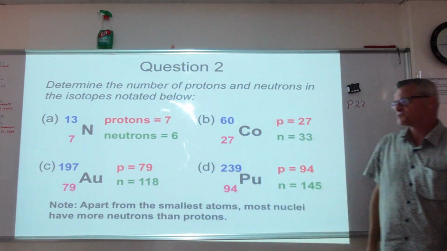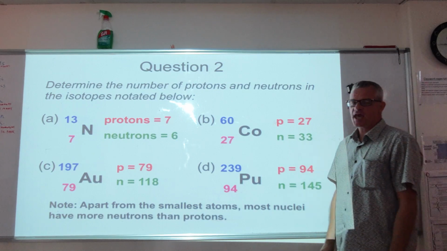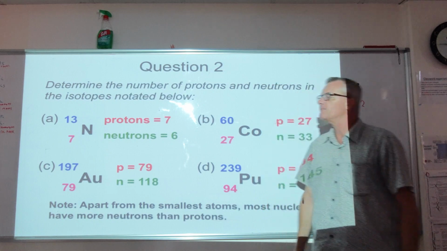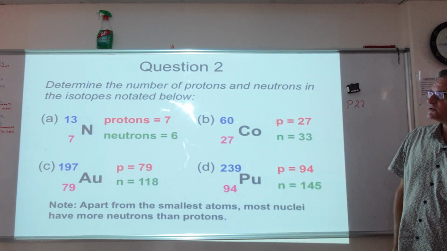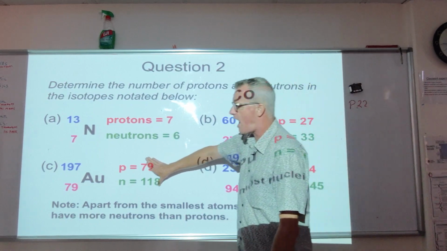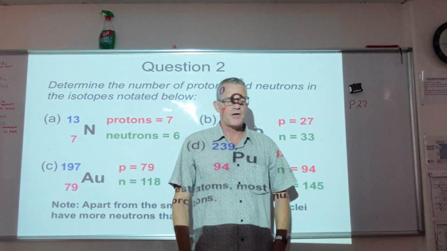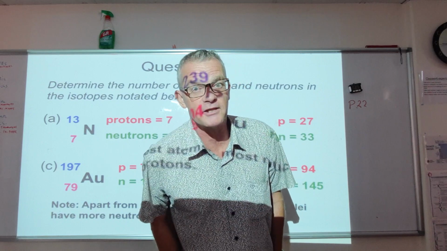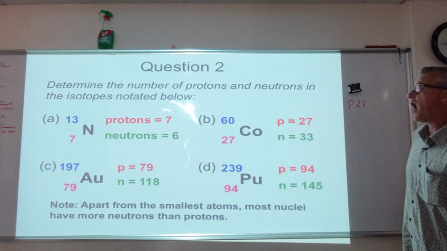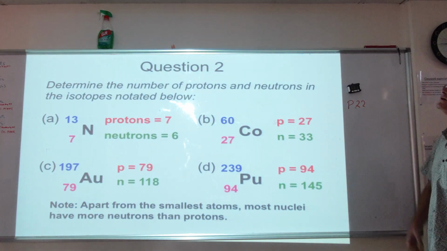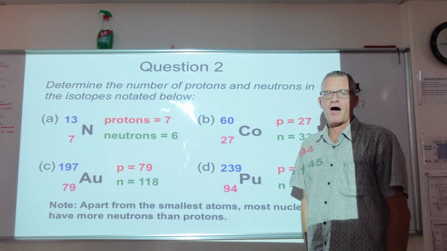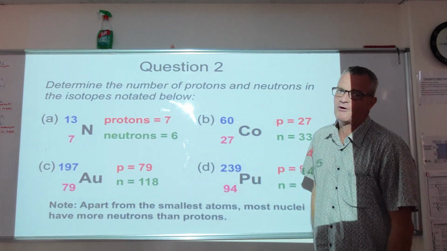And this is for the simple fact to stabilize these atoms. Now, just to remind you that actually the heavier or the bigger the atom becomes, the more unstable it becomes. Okay? Now, when it becomes more unstable, it will fall apart and give off energy in the form of radiation.